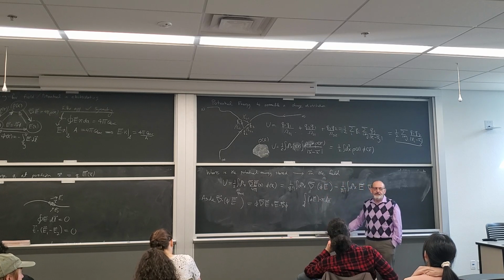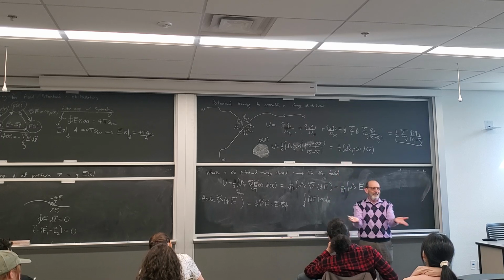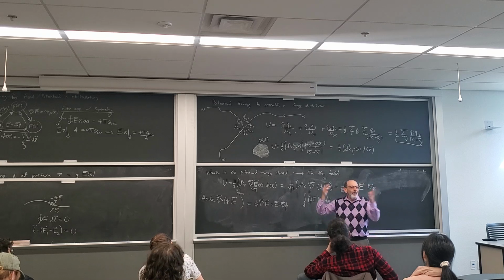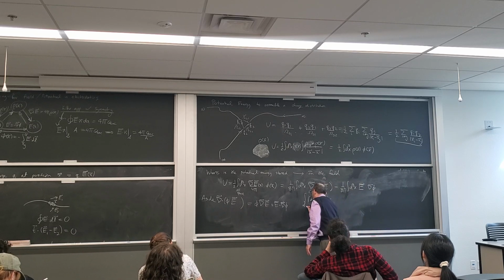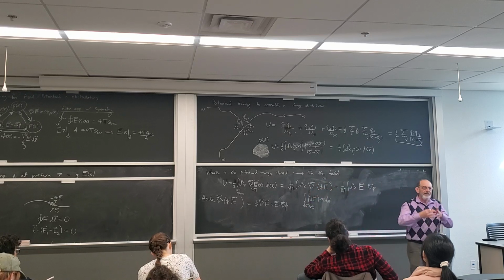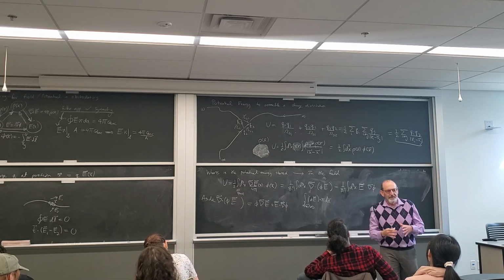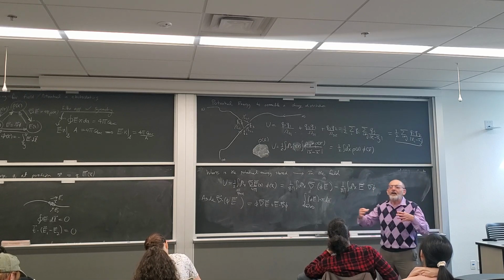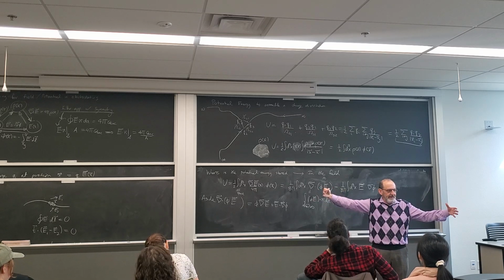But what surface am I talking about? This is the surface that encloses the volume. But the volume is all of space. So this is a surface at infinity. And if this is a localized charge distribution, then the electric field and the potential have to go to 0 at infinity.